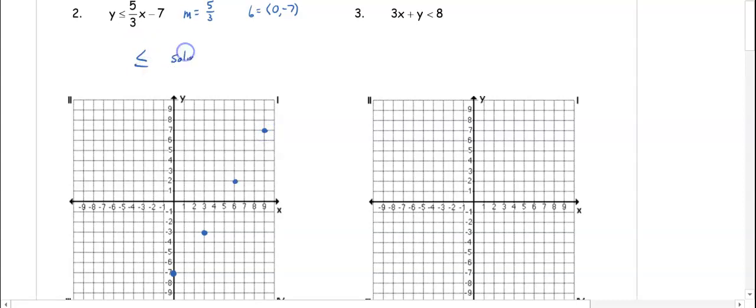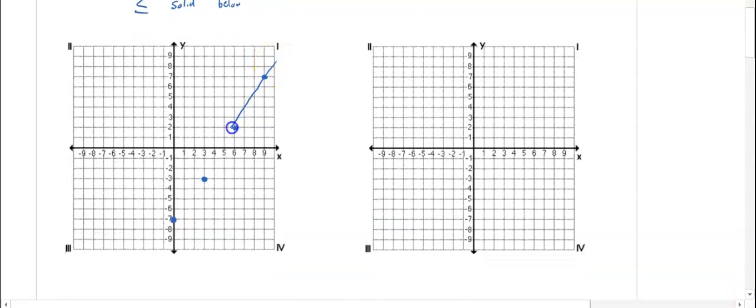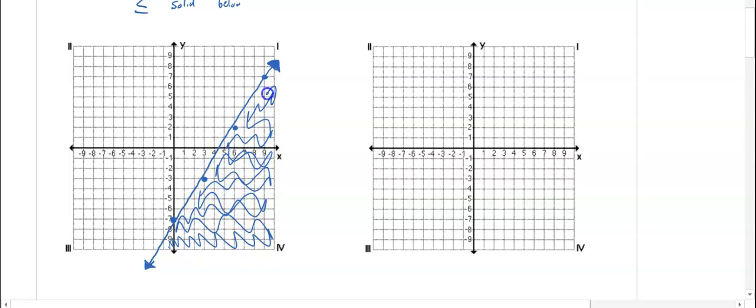Because there's a bar underneath that, it's going to be solid, and we are going to shade below the line. So we are going to connect these points with a solid line, with arrows on both sides of our line, and then we are going to shade below. So this means these points are all the solutions for that line.